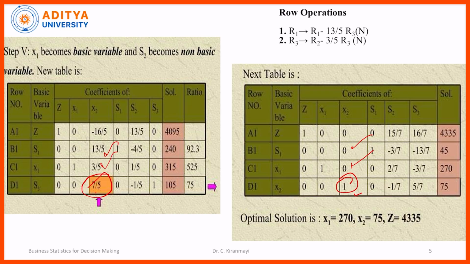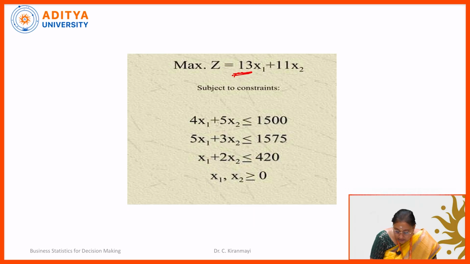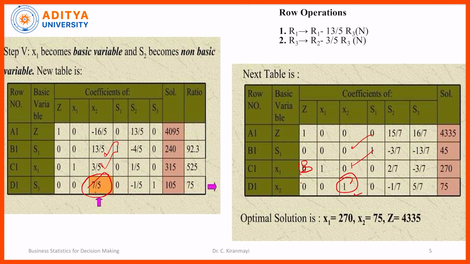After performing all those, here the solution is: x1 coefficient initially is 13, x2 coefficient is 11, and here the value of x1 is 75 and x2 is 270, and the z value is 4335.